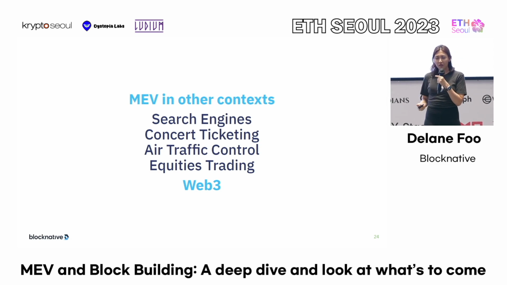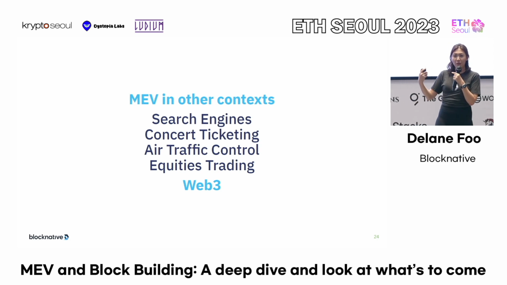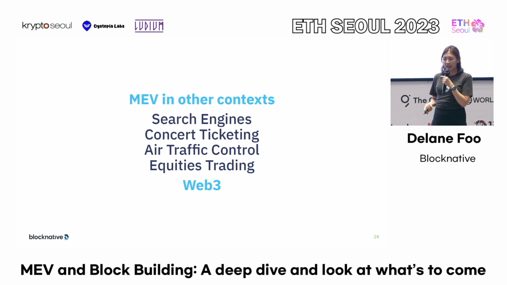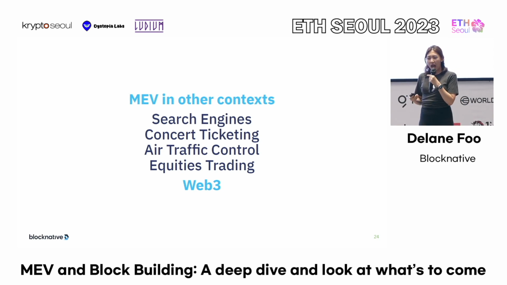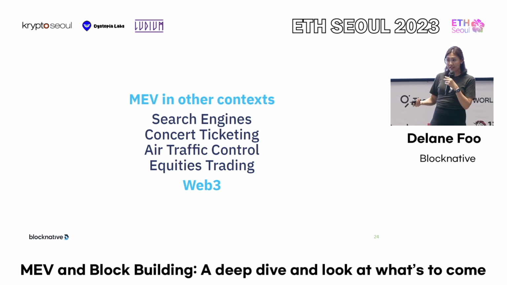And we are all pretty comfortable with the idea of search engine optimization, where essentially you manipulate search engine ranking, search engine indexing to get better ranking for your search result. And in search engines, concert ticketing, air traffic control, equities trading, there's MEV. All right? It's just that in Web3, it's open and we can see it.